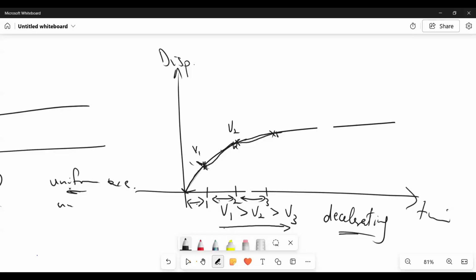It's a bit harder to just watch the graph and figure it out, but with actual numbers, you can calculate and decide whether uniform acceleration is taking place or whether the acceleration is non-uniform.